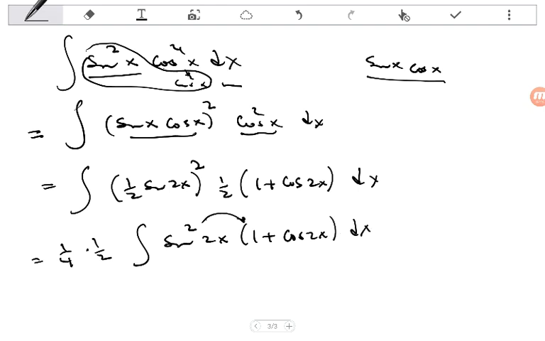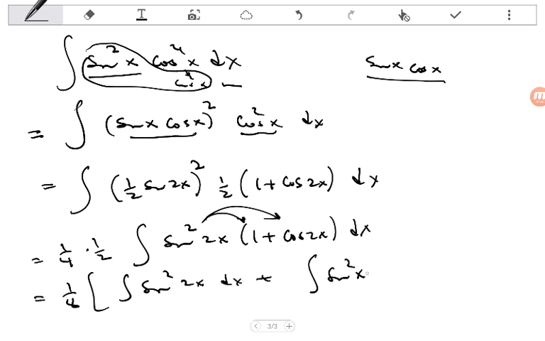Okay, now I have two integrals. This is 1 over 8 integration of sine squared 2x plus the integral of sine squared 2x multiplied by cosine 2x. This one, sine squared, I have learned before how to treat, or I can look at it by this new lesson, which is sine squared multiplied by cosine power 0, which is all even.